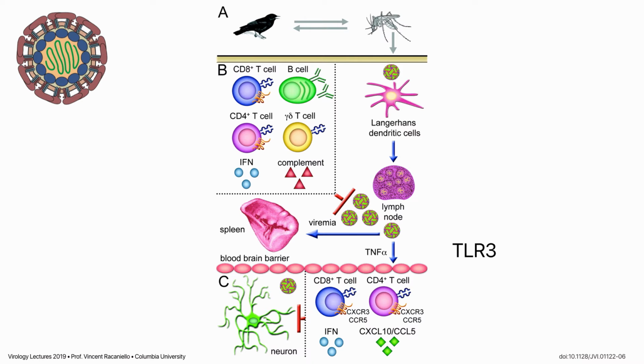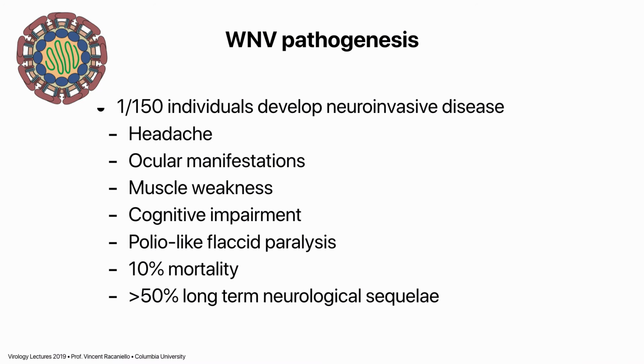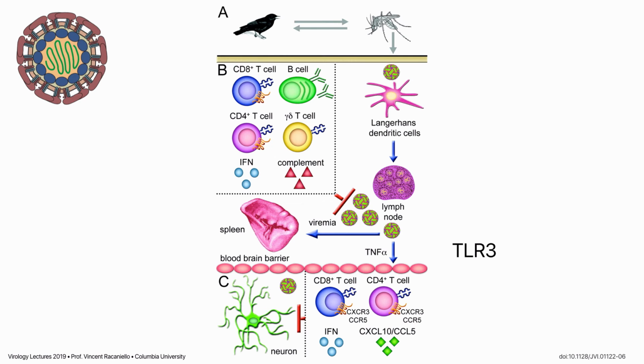So the virus gets into the CNS, where it can replicate and cause damage to neurons, and that's why a certain number of individuals, 1 in 50, develop neuroinvasive disease and have long-term sequelae because the virus is damaging neurons, very much like poliovirus does. So this is not a goal of the virus to infect neurons because the CNS is a dead end.